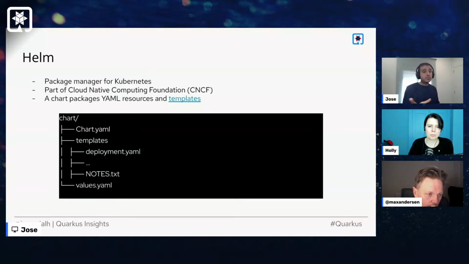The main file is the Chart.yaml file, which is the metadata of your chart, where you can set the name, the version, the developers, your dependencies, this kind of stuff. Then you have the templates folder, with the resources that will be installed as part of the chart installation. And the values.yaml file is where you can place the configuration that is mapped in the template resources.